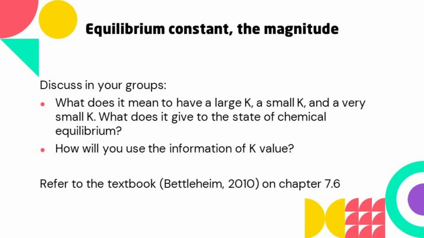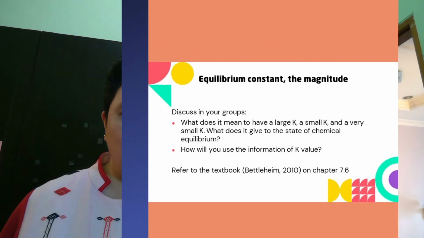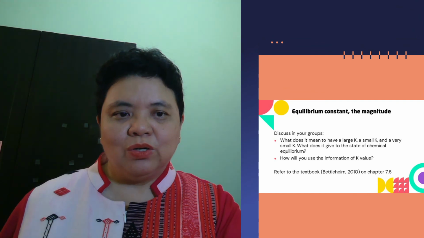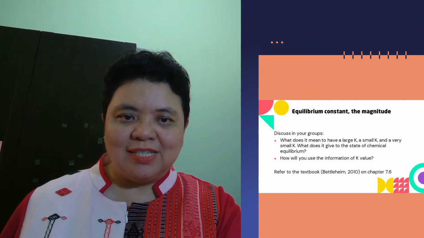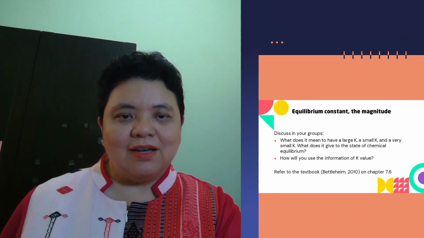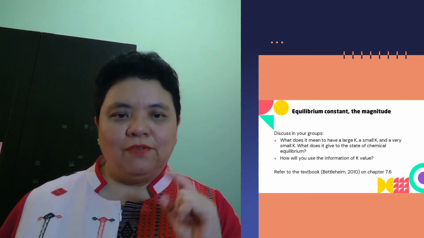What does it tell us about the state of chemical equilibrium? Secondly, how will you use the information of K values? What is the context? Refer to your textbook, chapter 7.6, to discuss the magnitude of K.